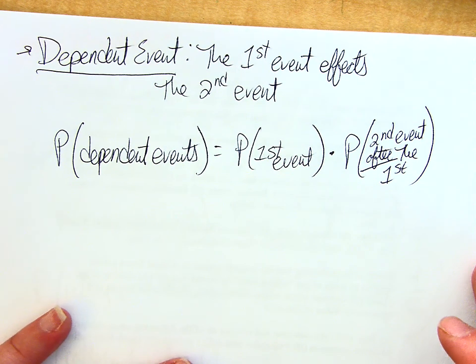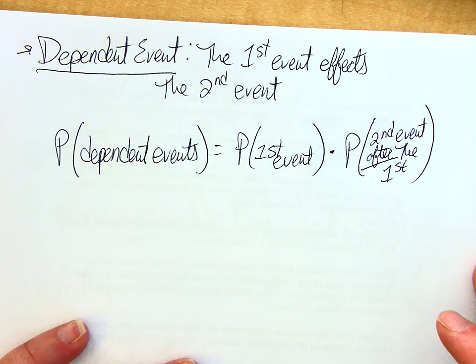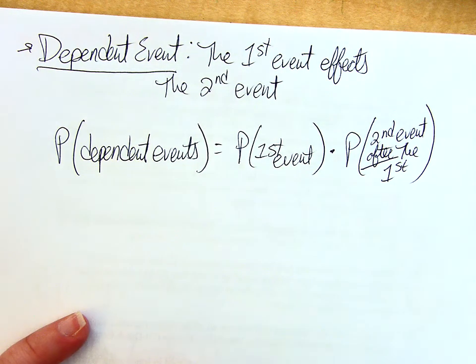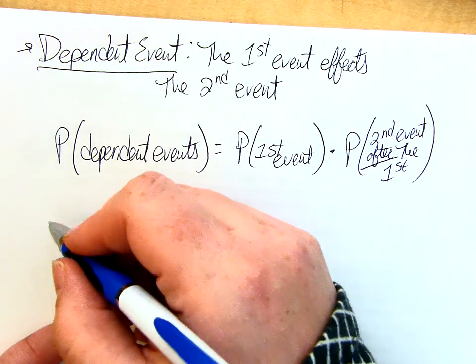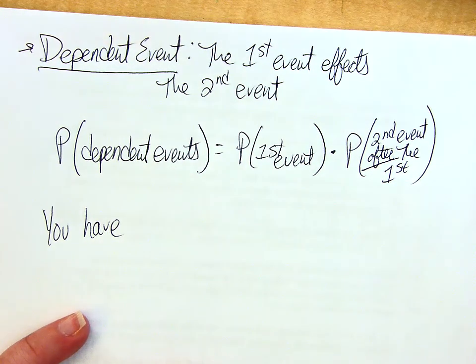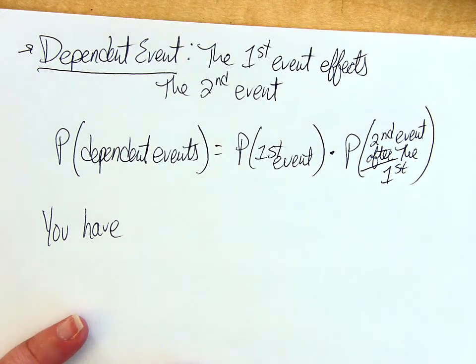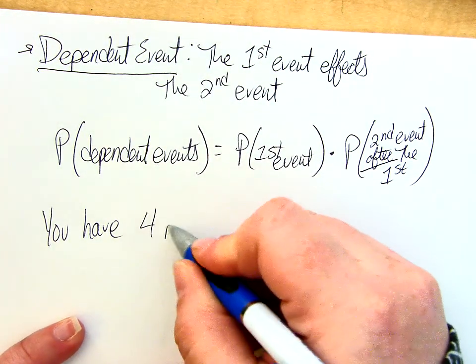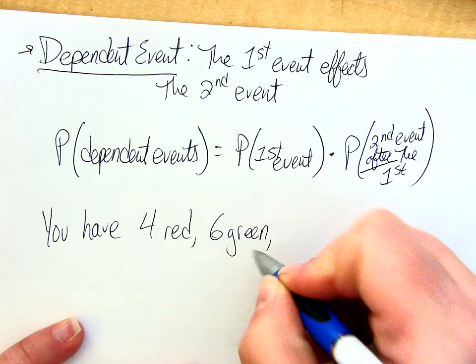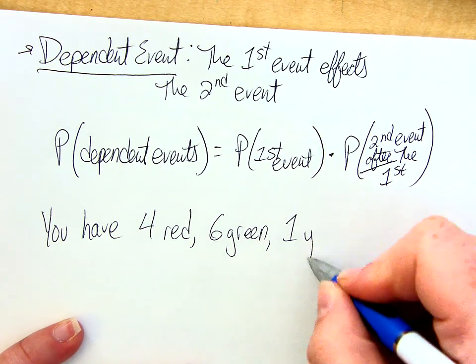So I'm going to go back to my marble example. Just to make the notes complete, I'm going to write them here again. You have 4 red, 6 green, 1 yellow marble.